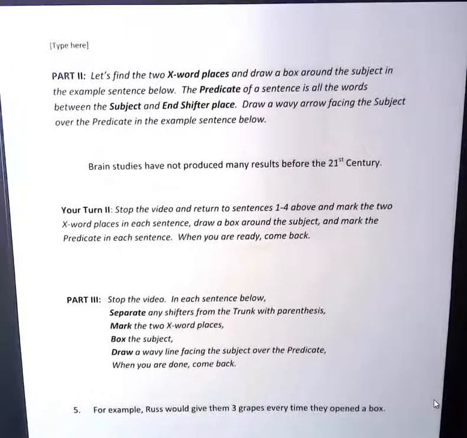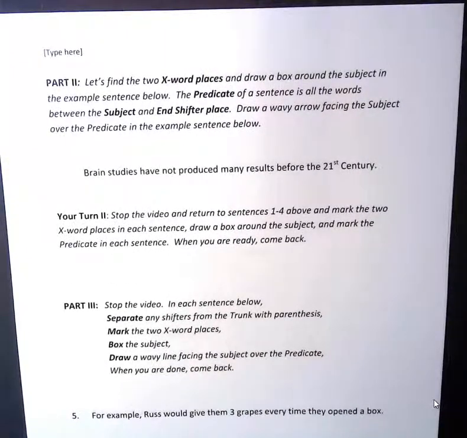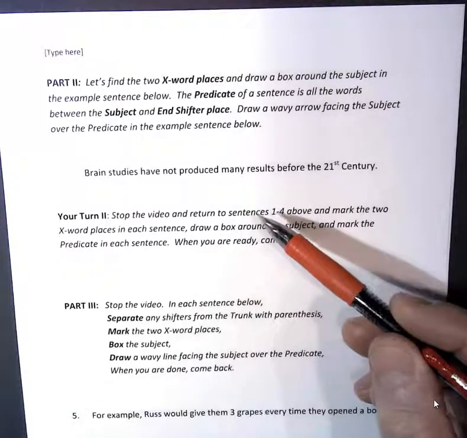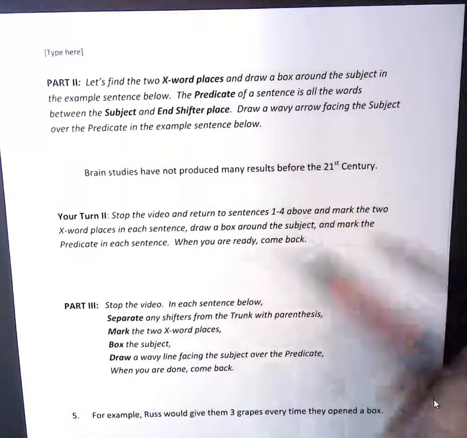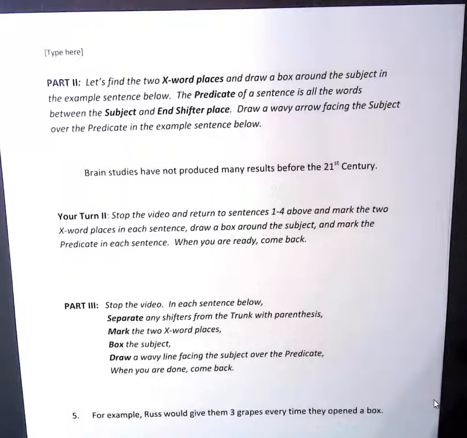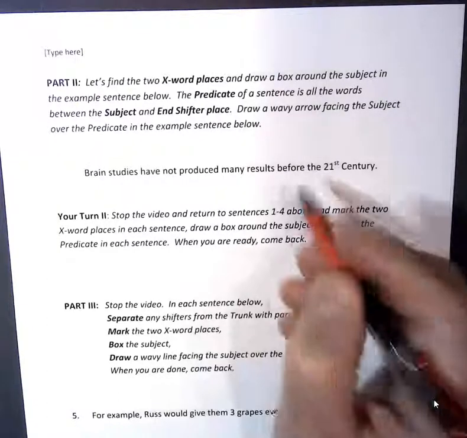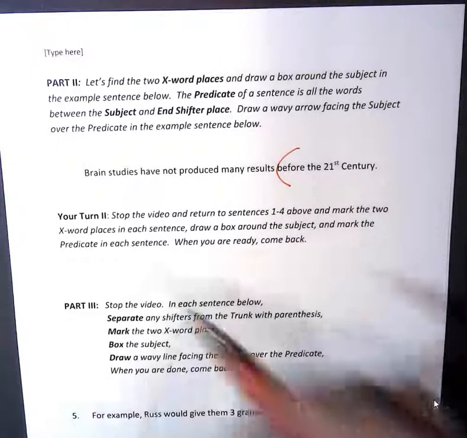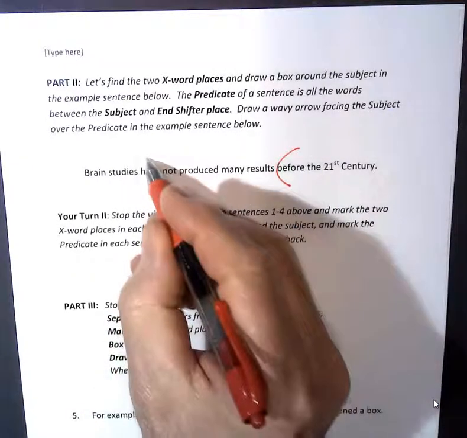And now let's go and we'll take a look at what we talked about in lesson 1. And let's find the 2 X word places and draw a box around the subject in that first example sentence that we just did. We already found the shifter. Okay, so first the X word places.